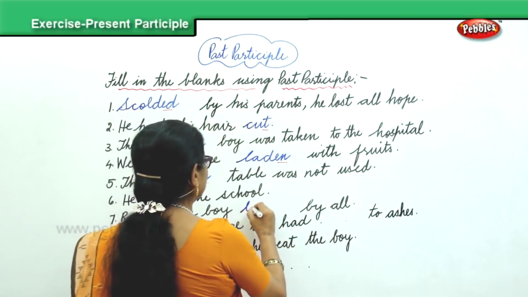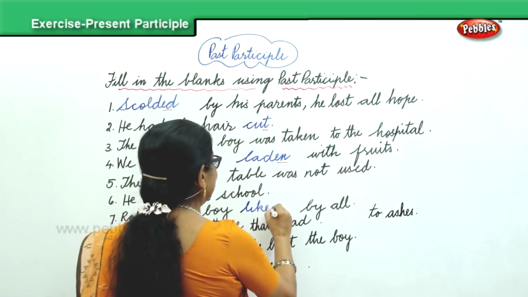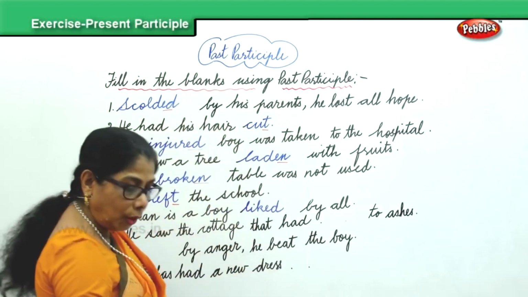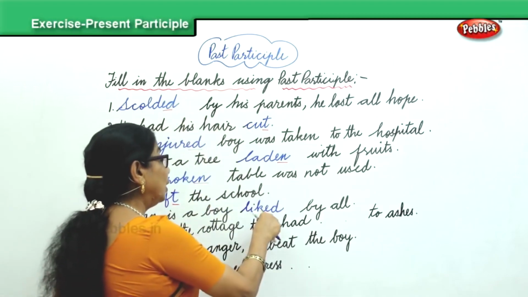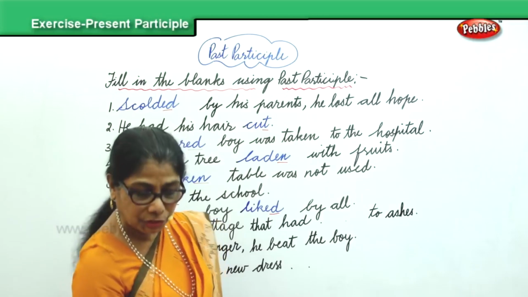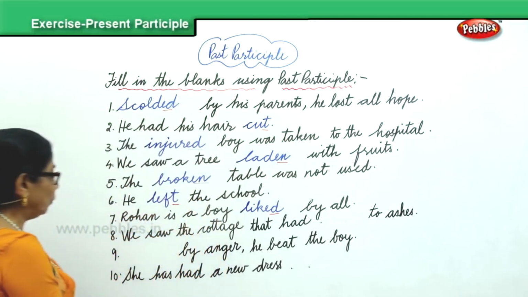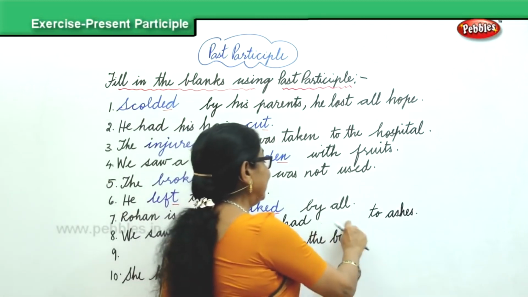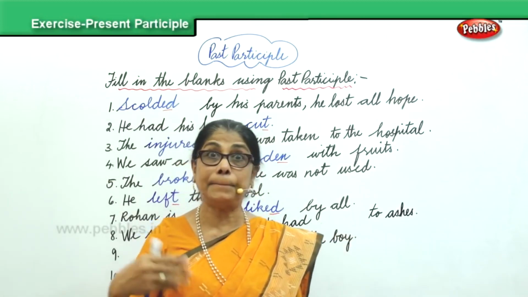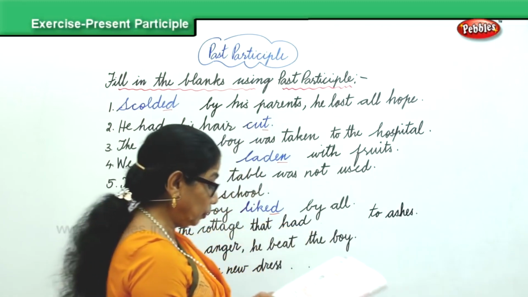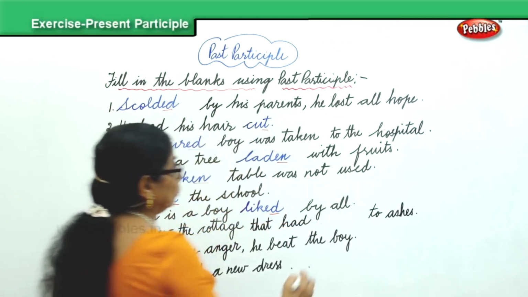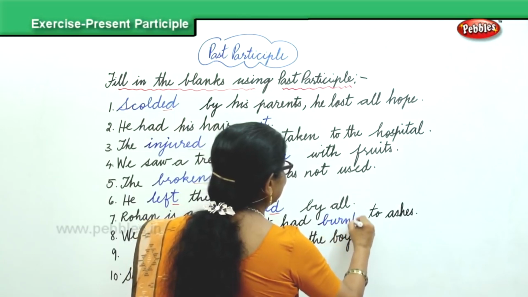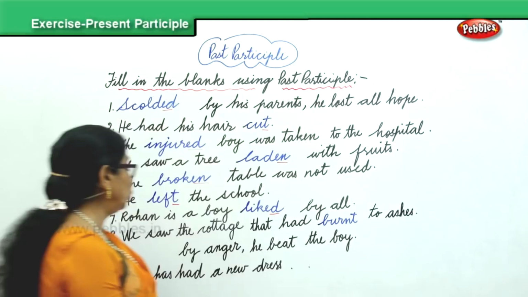Liked ends in ed, like the first one. The action is completed. Now, we saw the cottage that had dash to ashes, burned to ashes. That had burned. Ends in t.